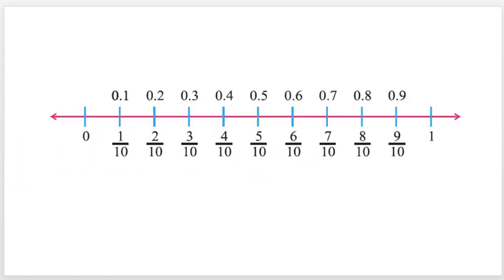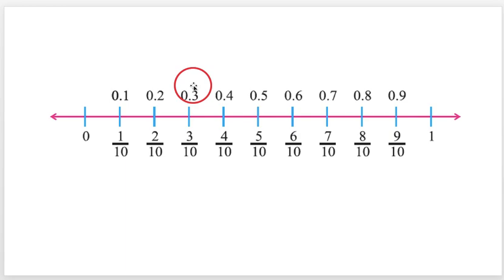But in this case what I have done? I have divided this part, 0 to 1, into 10 equal parts. 1 by 10, 2 by 10, 3 by 10, this way. 1, 2, 3, 4, 5, 6, 7, 8, 9, 10. 10 equal parts I have divided. You can say it this way also, 0.1, 0.2, 0.3, like this.